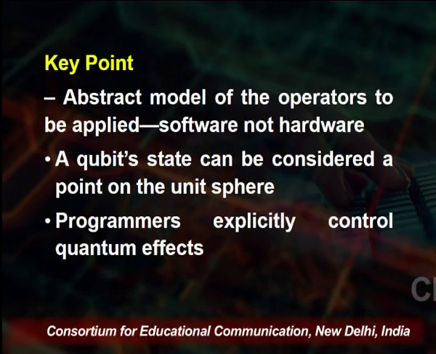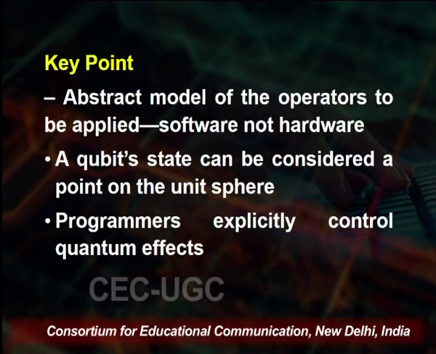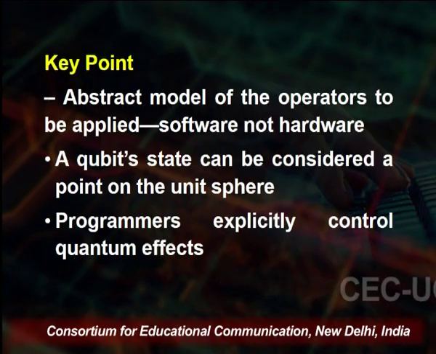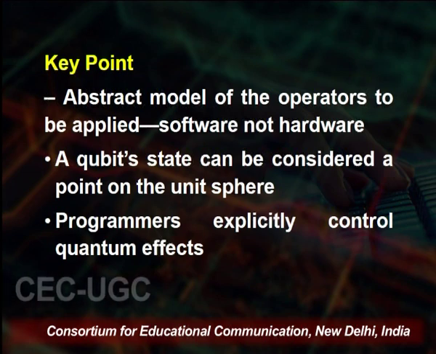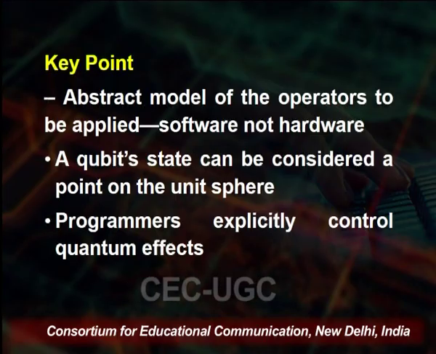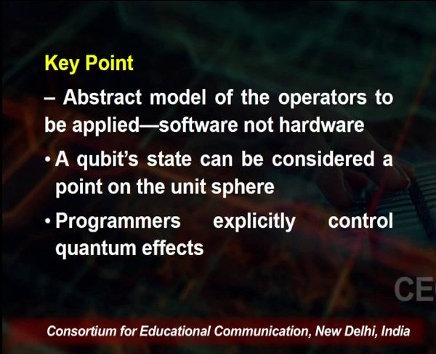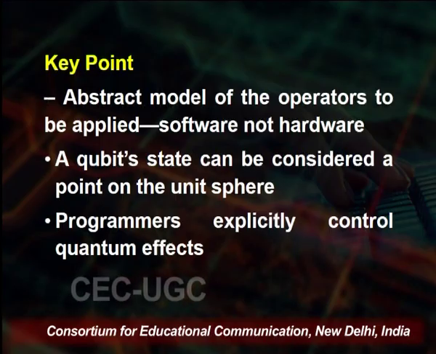What are the key points of this? It is an abstract model of the operators to be applied, software not hardware. Qubit states can be considered as a point on the unit sphere. Programmers explicitly control the quantum effect.